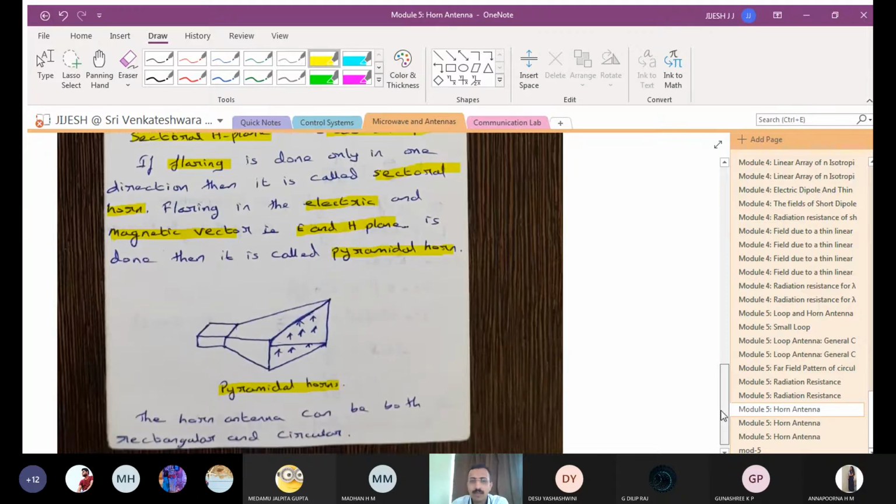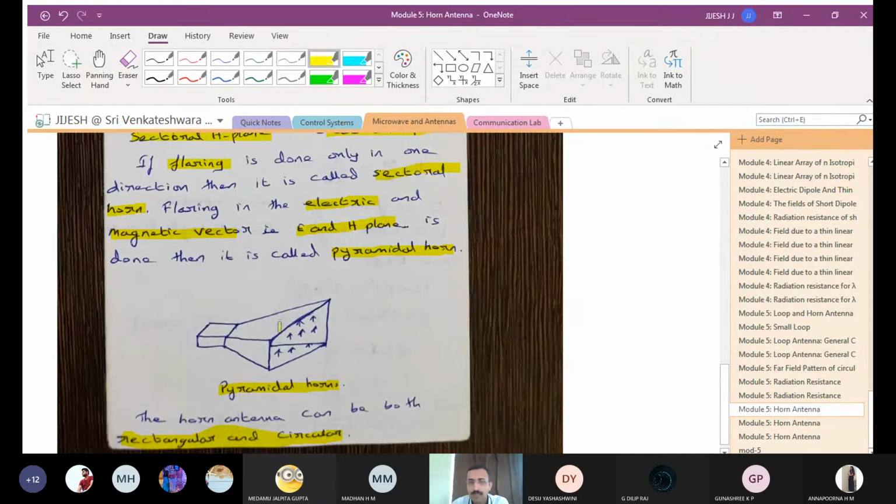The horn antenna can be both rectangular as well as circular, as I have told you.